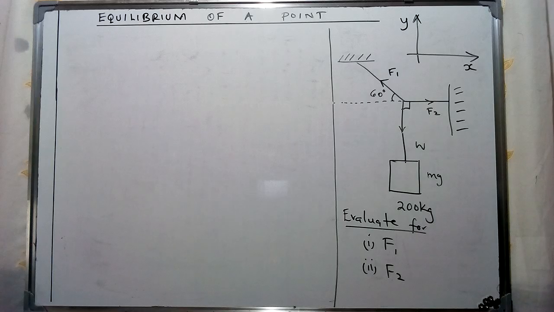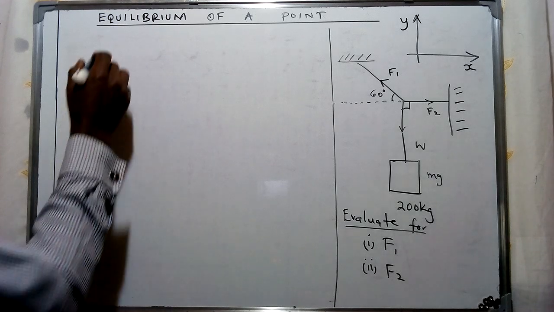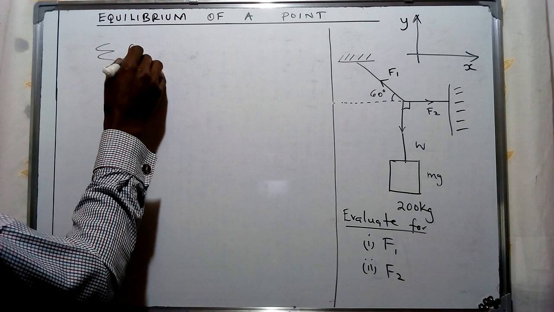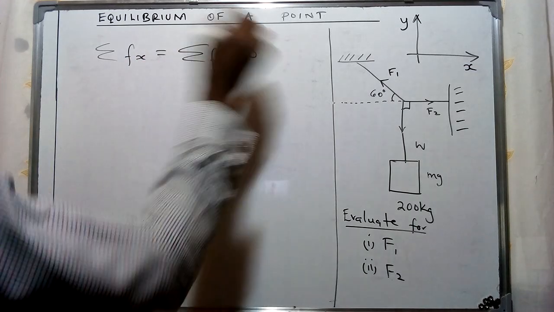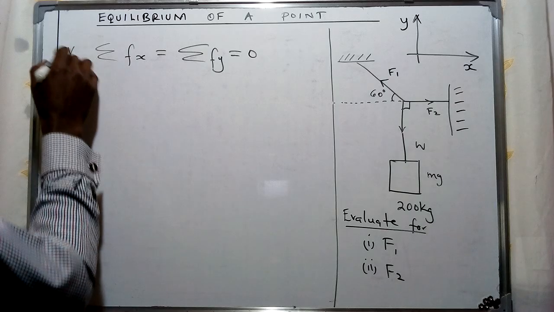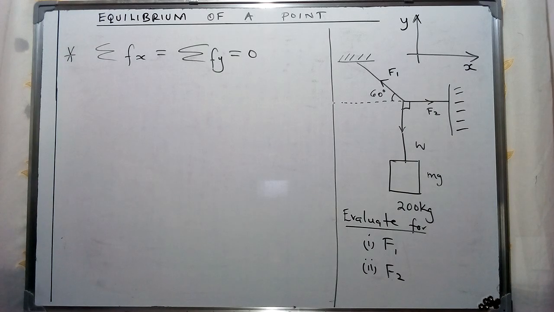So revisiting our previous discussion, we had said that the summation of the forces along the X and the Y components is going to be given in terms of this, and they are going to be equal to zero. And this is one of the conditions which we said must be true for the concept of equilibrium to hold.